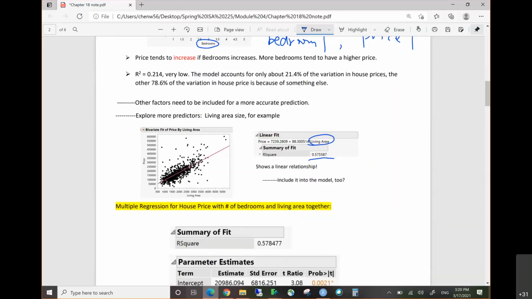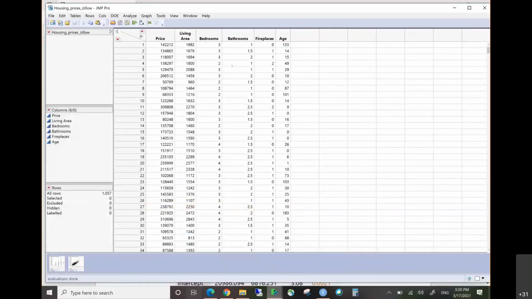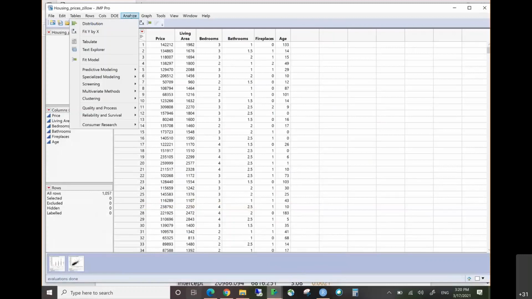All right, so now we say, what if I combine these two factors together into my regression? What if I can consider the combined influence of the living area and the number of bedrooms? If I combine them together, there should be much better predictions, right? Then we come back to our data set and analyze.